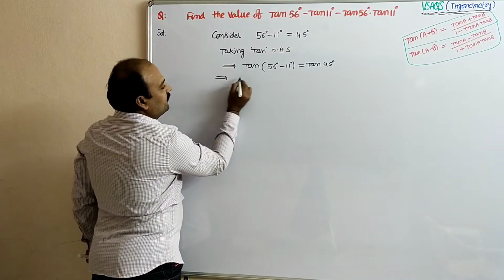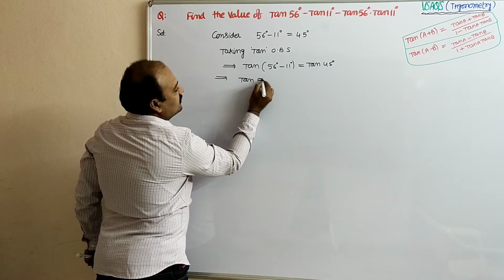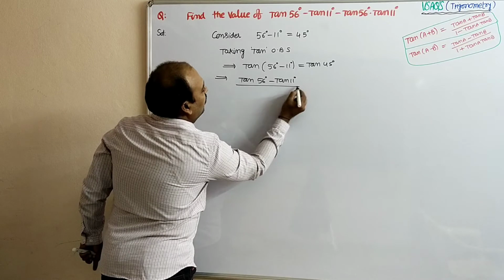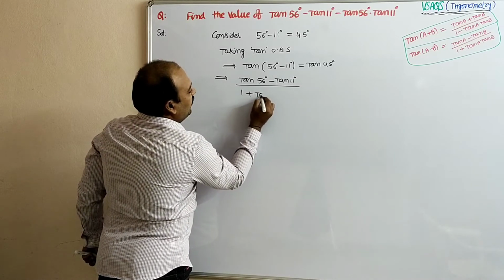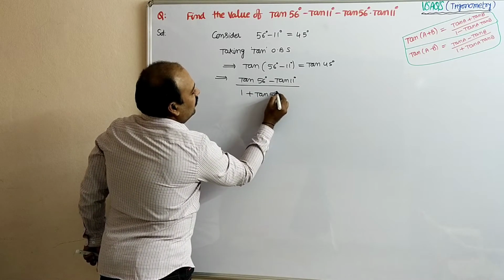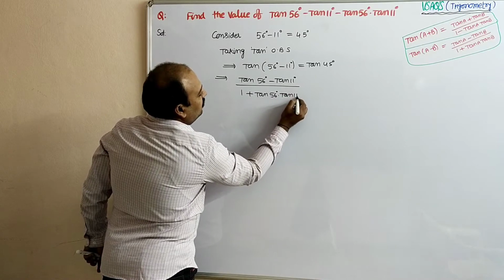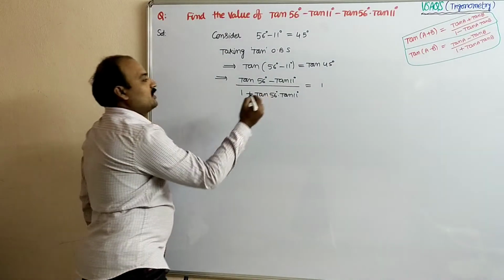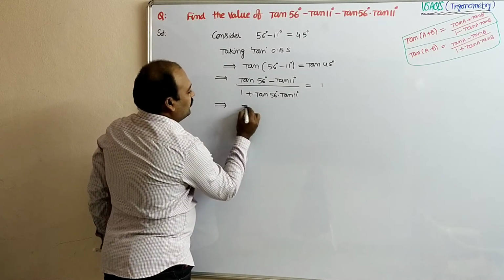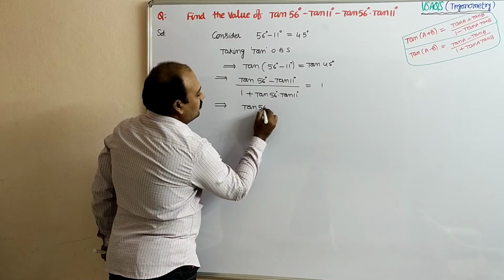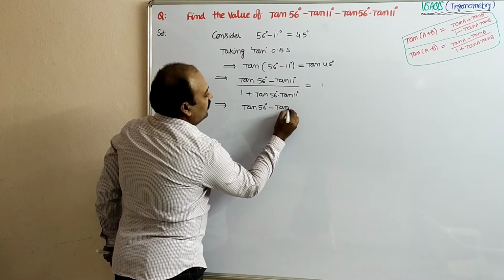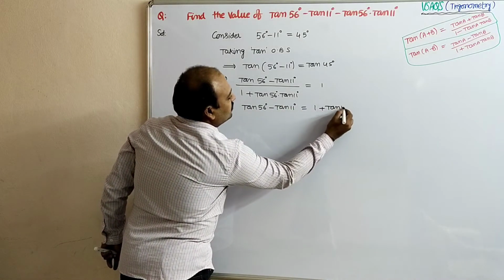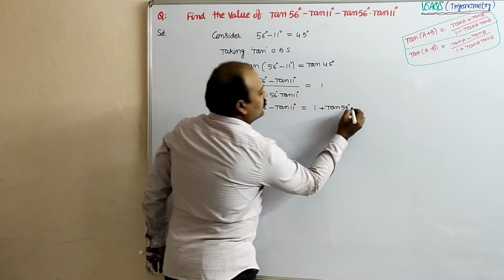Tan of A minus B formula: tan 56 minus tan 11 divided by 1 plus tan 56 into tan 11 is equal to tan 45, whose value is 1. So cross multiply: tan 56 minus tan 11 is equal to 1 plus tan 56 into tan 11.